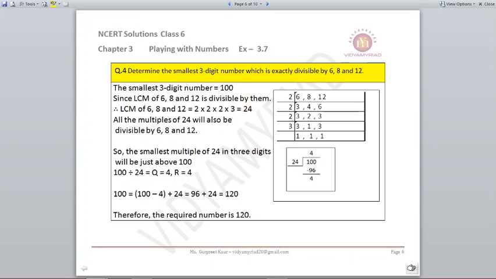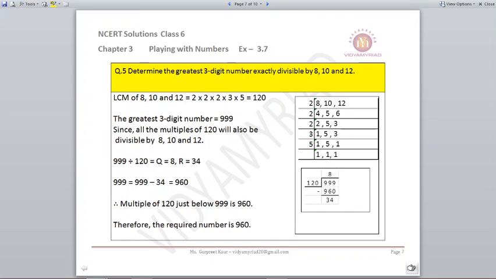So to find the 3-digit number, we will add 24 to 96. So 96 plus 24 gives you 120. So the required smallest 3-digit number which is divisible by 6, 8 and 12 is 120.